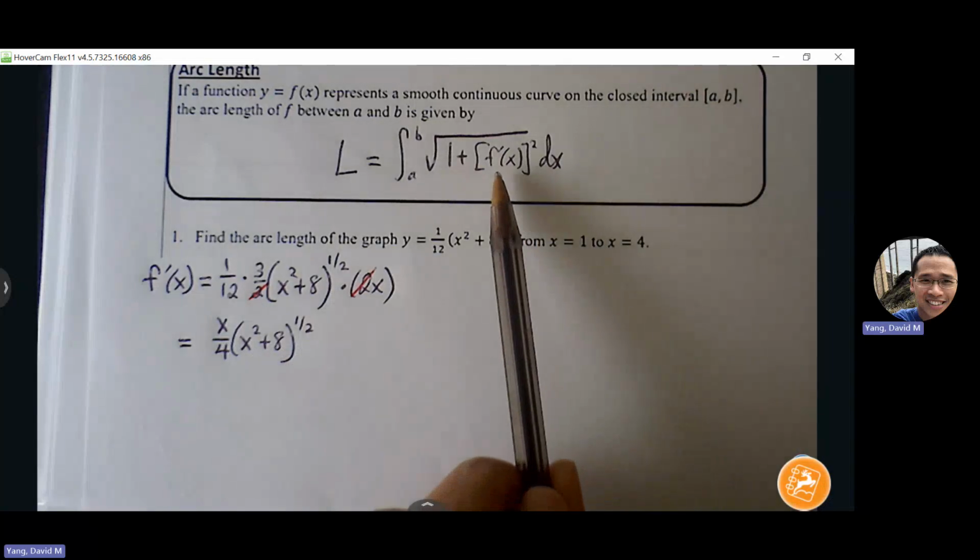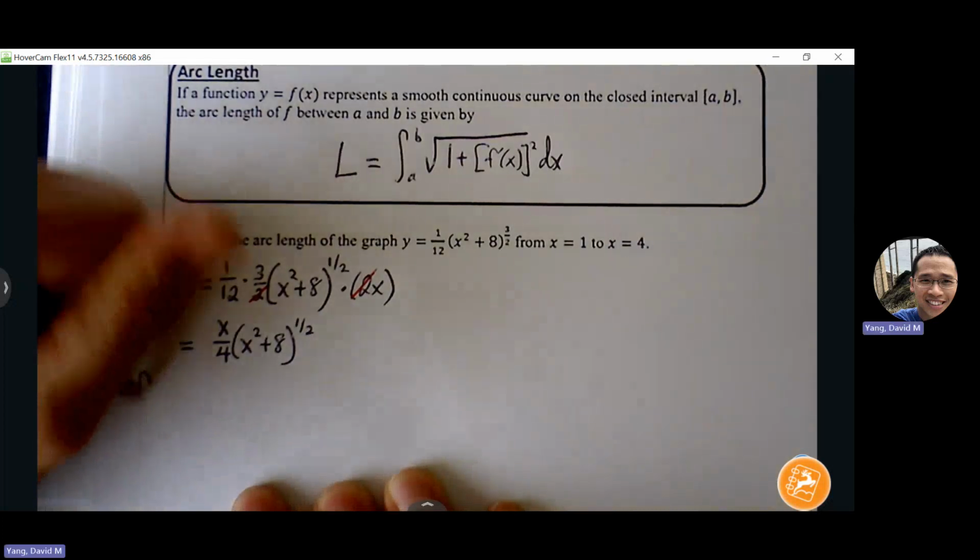I'm going to insert f prime into my definition and then see what I can do to clean it up.